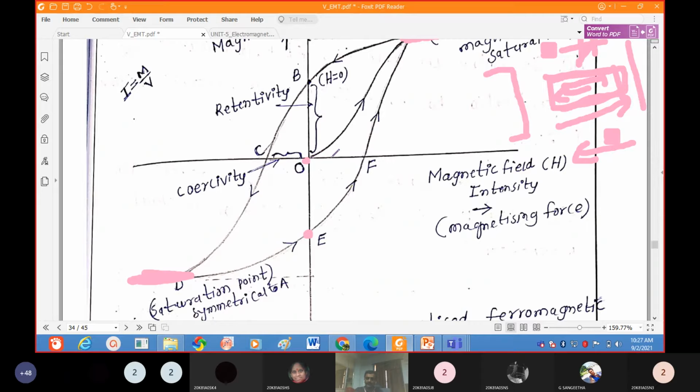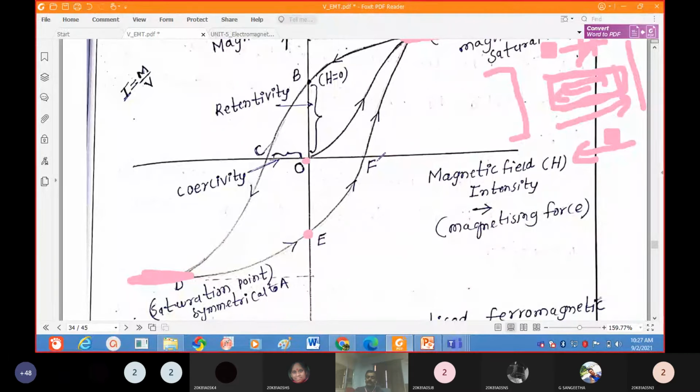Now increase the H value in the opposite direction. At a particular H value, that residual magnetic field, meaning the induced magnetic field, will become 0. The H value at which the B value becomes 0, we call coercivity.